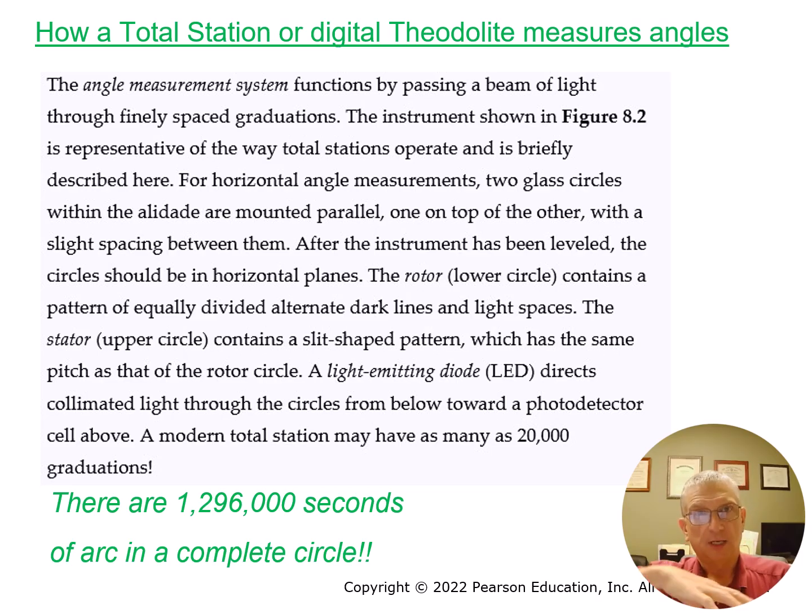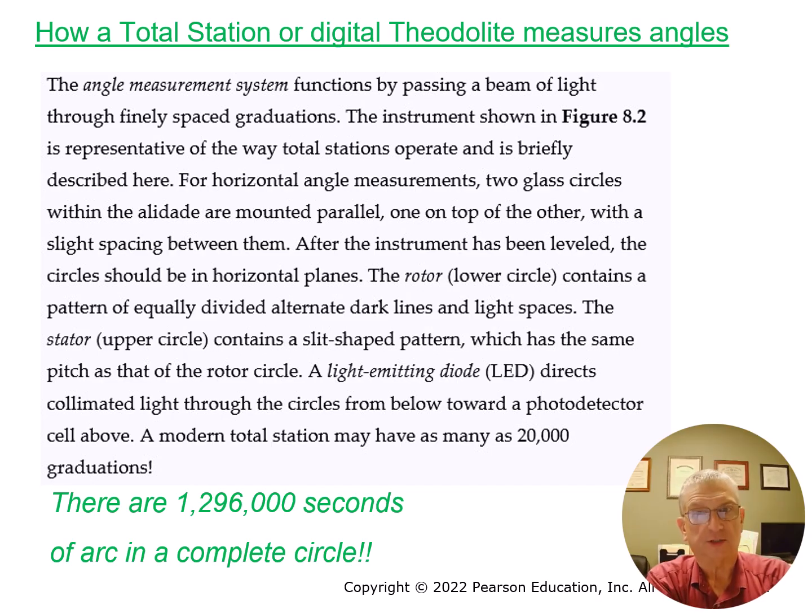And as the instrument, the alidade, rotates around the tribrach and the base of the instrument, these two glass circles change how that light passes between them, and it's programmed so that the instrument can read the changes in the lights and read the plate readings to know what the angle being measured is.